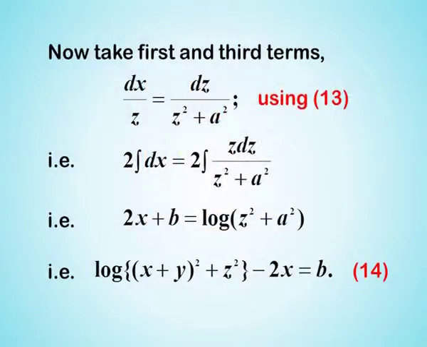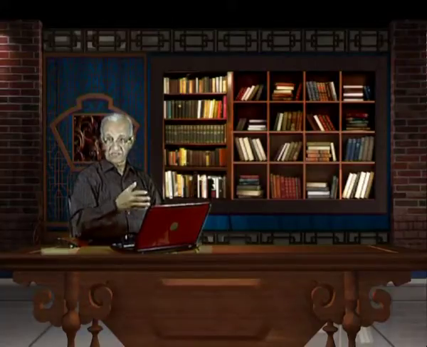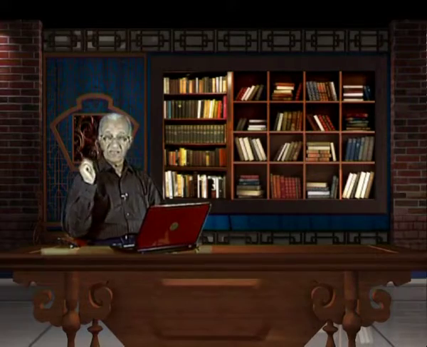According to the theory, now I take the first and the third term. The first and third term is this: dx upon z, and dz upon z square plus (x plus y) whole square. In place of this I will be writing a square, that is the only thing obtained from using equation 13 in the previous terminology. I integrate again. So, what happens?